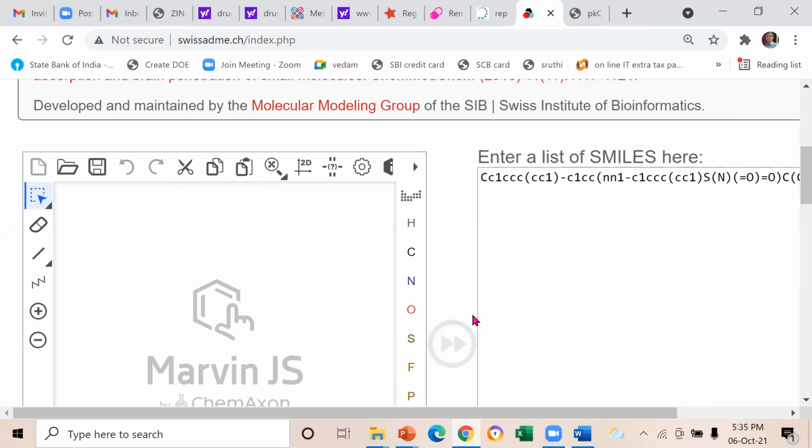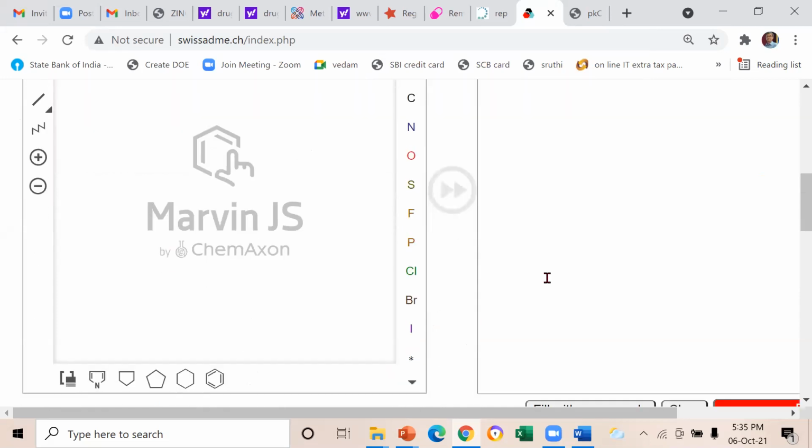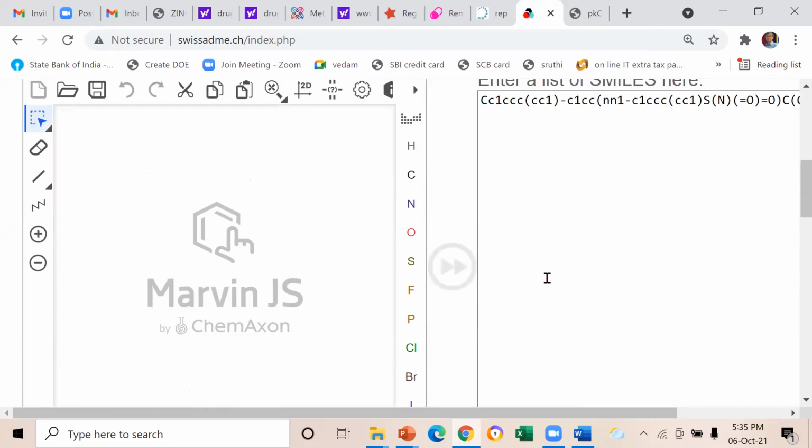We can do that sort of design, I call it in silico design, on the screen. Of course, we are not looking at activity. These software don't predict activity, but they are able to predict properties.